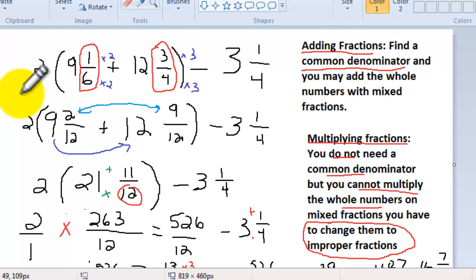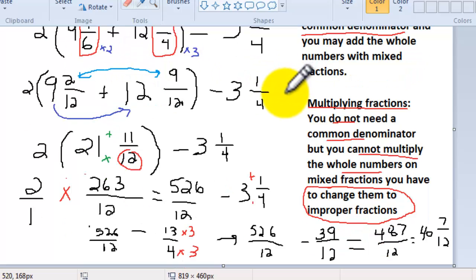But most importantly, if you can remember a few things, like find a common denominator when you're adding. You can add the whole numbers of mixed fractions when you're adding. You have to get improper fractions in order to multiply. You have to multiply the 2, not times the 21, but times the improper fraction here of 263 over 12.